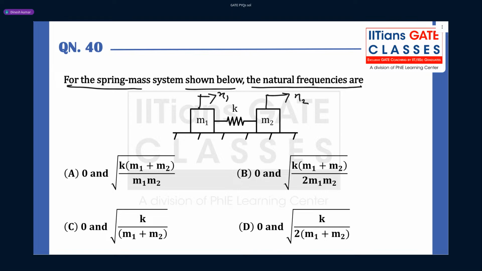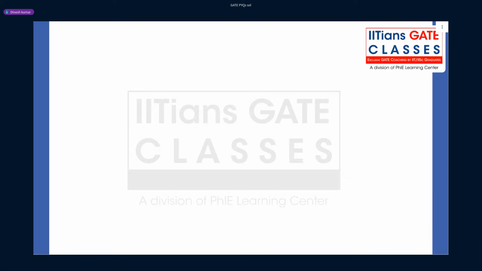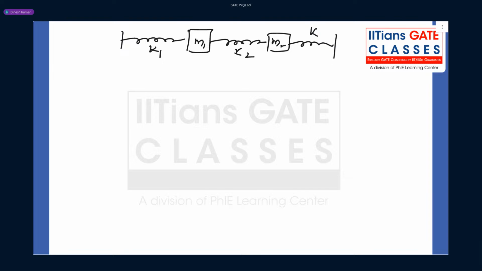Now guys, in the case of 2 degrees of freedom, we have the standard configuration. When you have a spring mass system connected like this, this is K1, this is mass M1, then spring K2, then mass M2, and then again a spring K3.